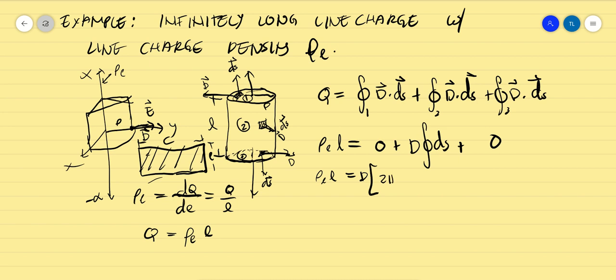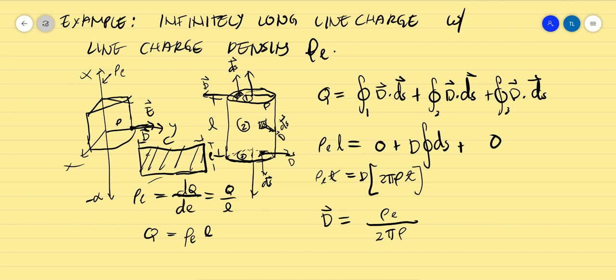So what's the circumference of the cylinder, or a circle? Rho L times L. So this will be equal to D times the surface area. Circumference of a circle is 2 pi times the radius. The radius is rho, so this is 2 pi rho. This is the circumference, but it's not the area yet, so we need to multiply this one with L, length times width. So we multiply it with L, so that will be the total area of the lateral area. And we can cancel out L now here, and if we solve for D, D will be equal to the line charge density divided by 2 pi rho.